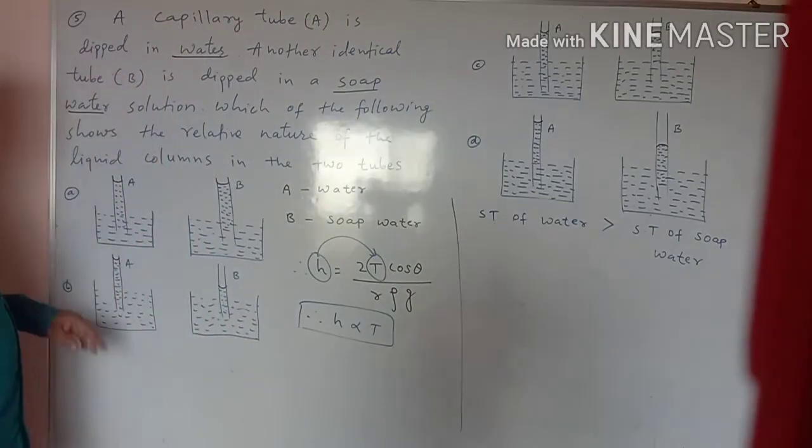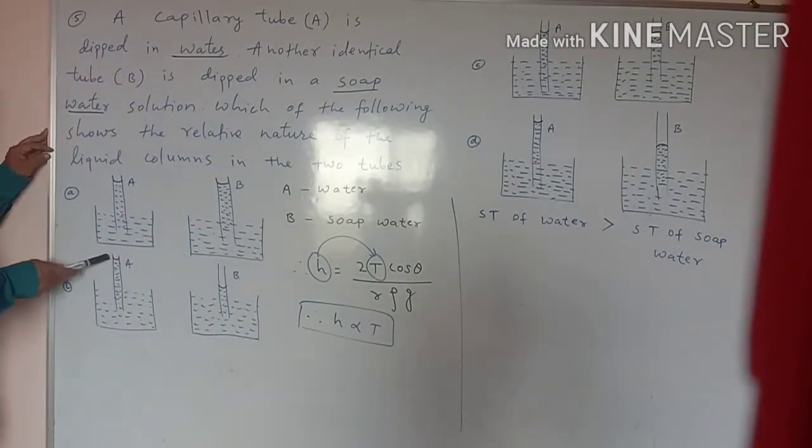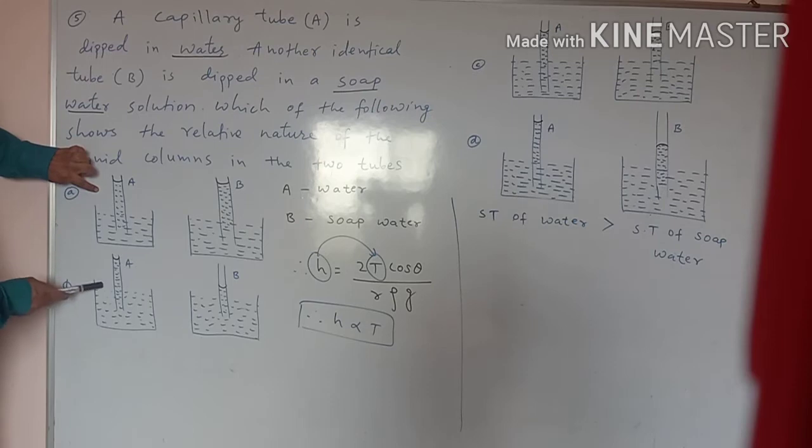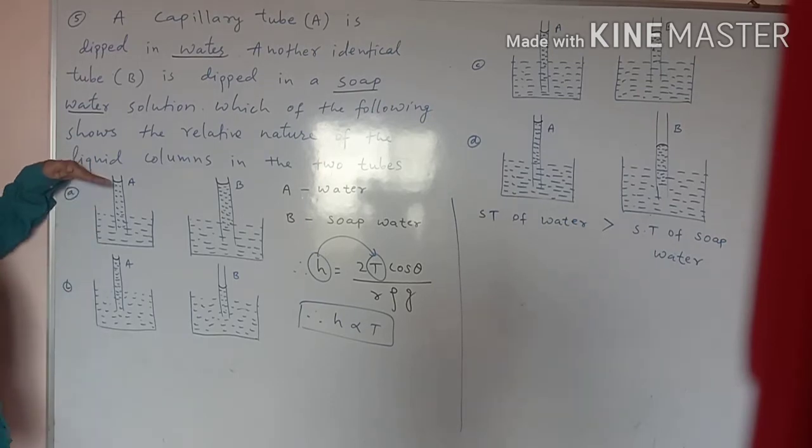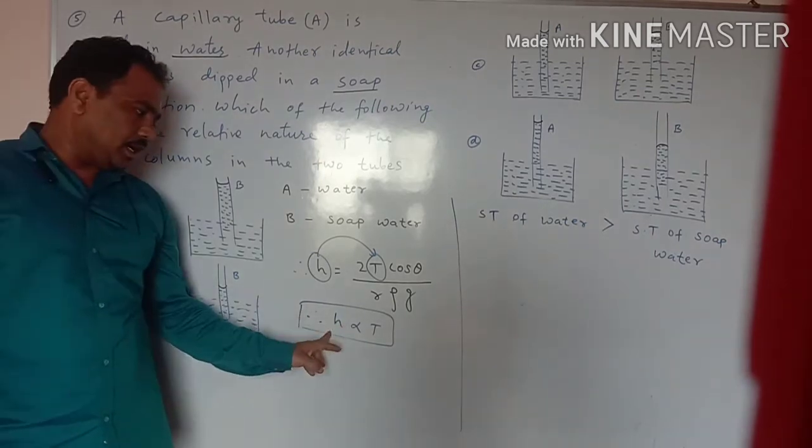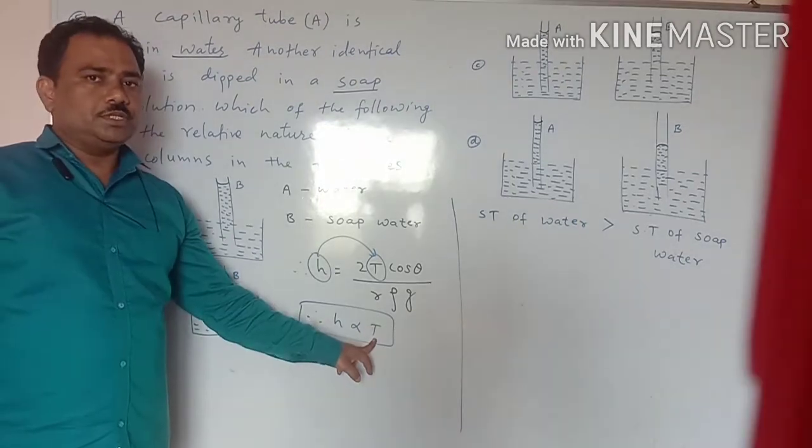Now the surface tension of water, in case of tube A, means the height will be maximum, because surface tension and height are directly proportional to each other.